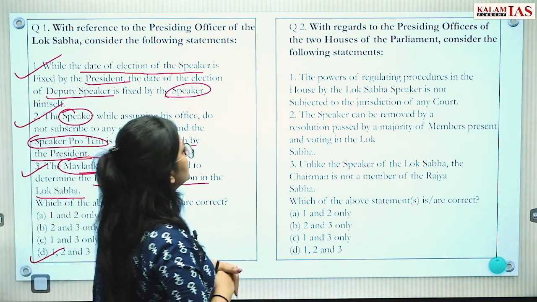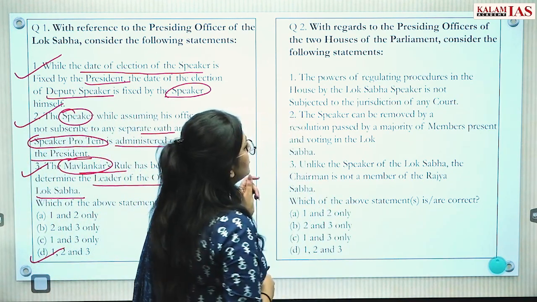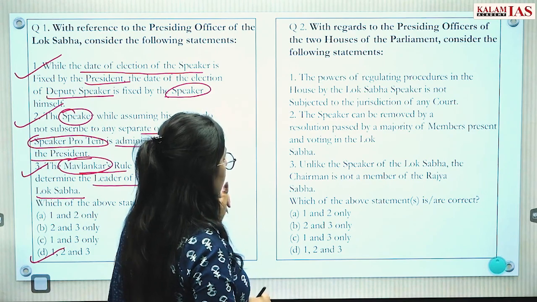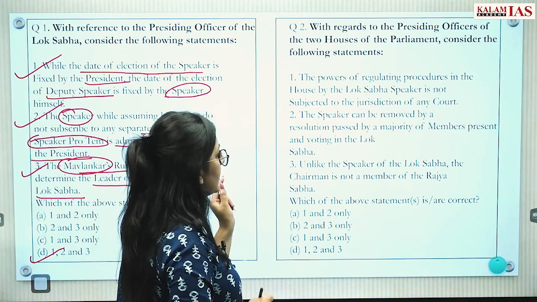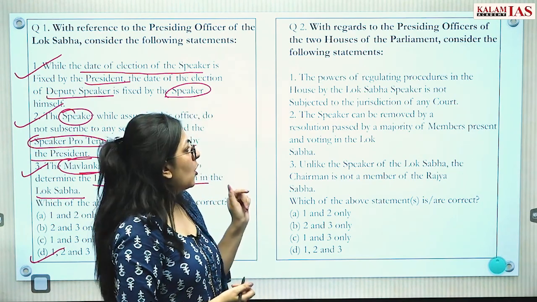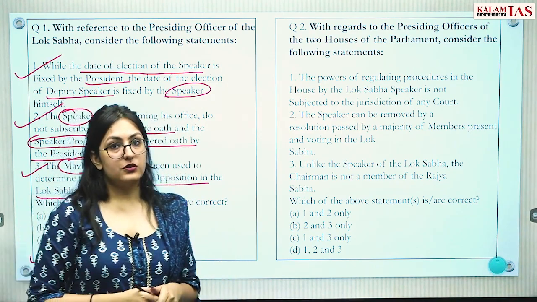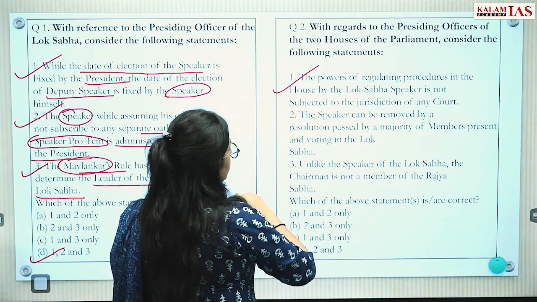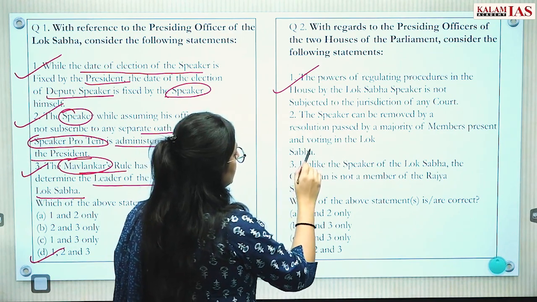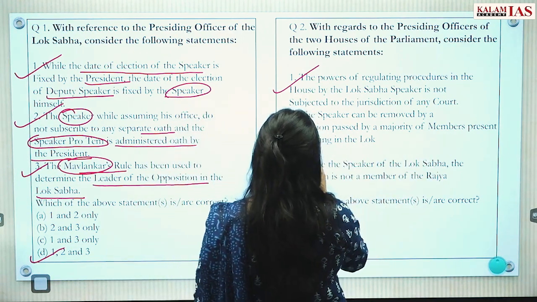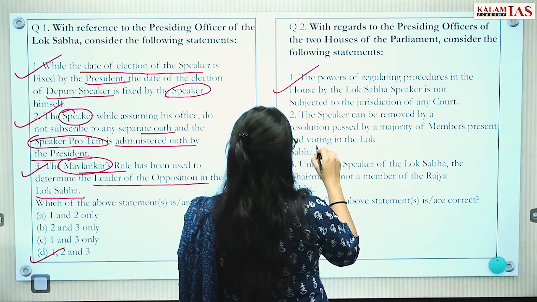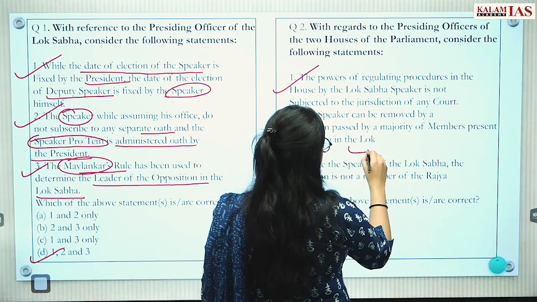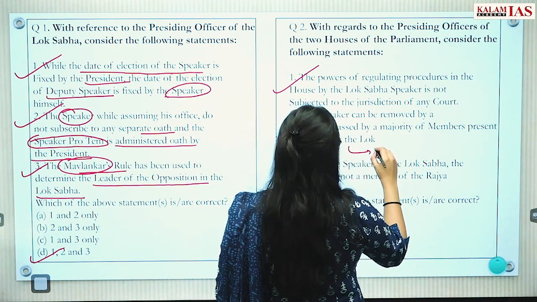Let's look at this question. The powers of regulating procedures in the House by the Lok Sabha speaker are not subject to the jurisdiction of any court. This is also true because you know that the speaker is the final interpreter. The speaker can be removed by a resolution passed by a majority of members present and voting. Now, this is false because this is an ordinary majority.